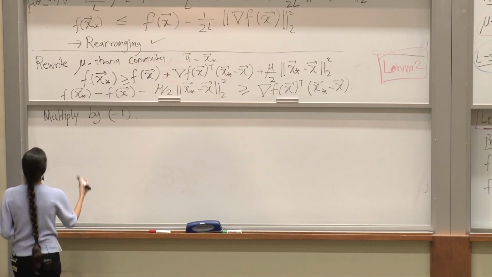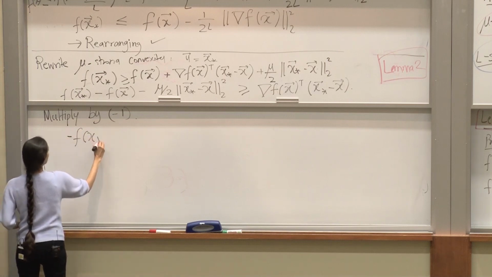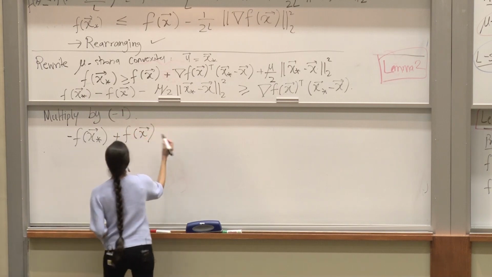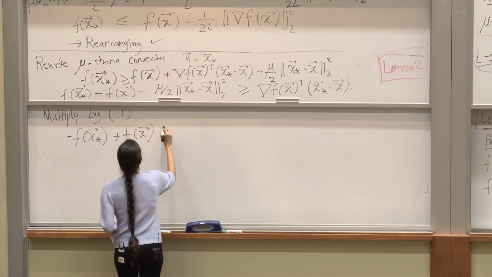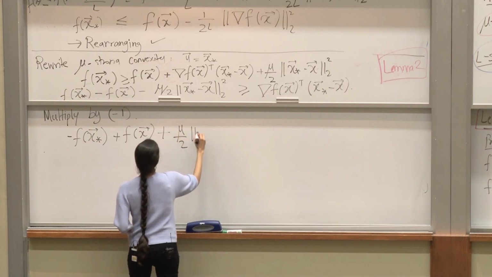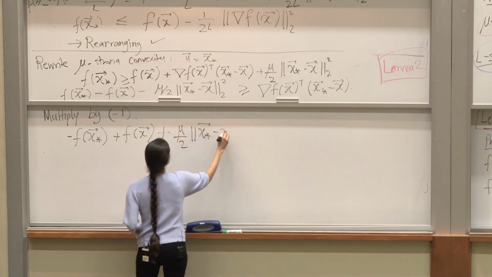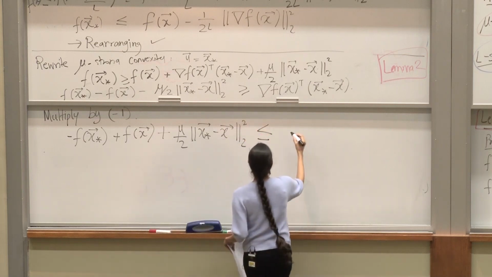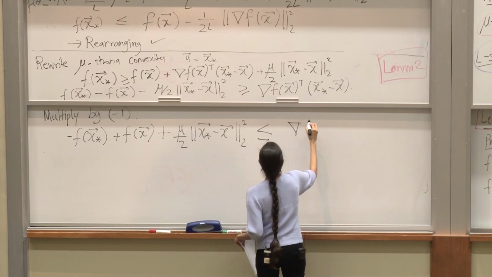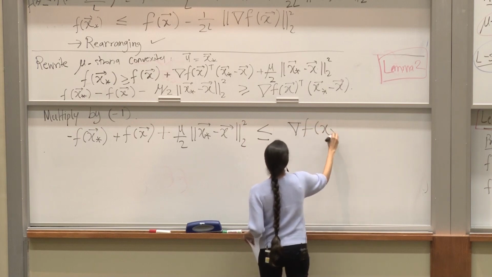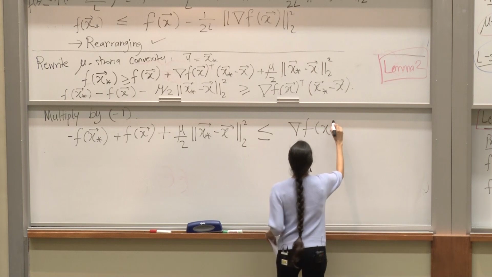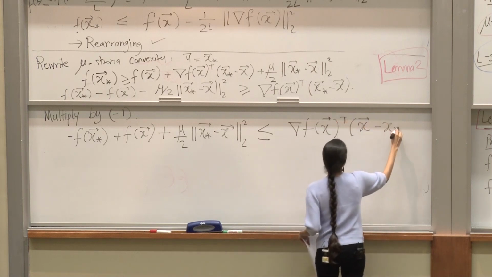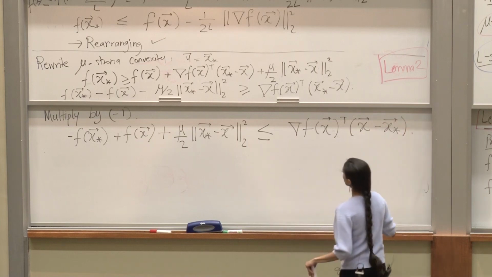So I have minus f of x star plus f of x plus mu over 2 x star minus x less than or equal to gradient of f of x transpose x minus x star.